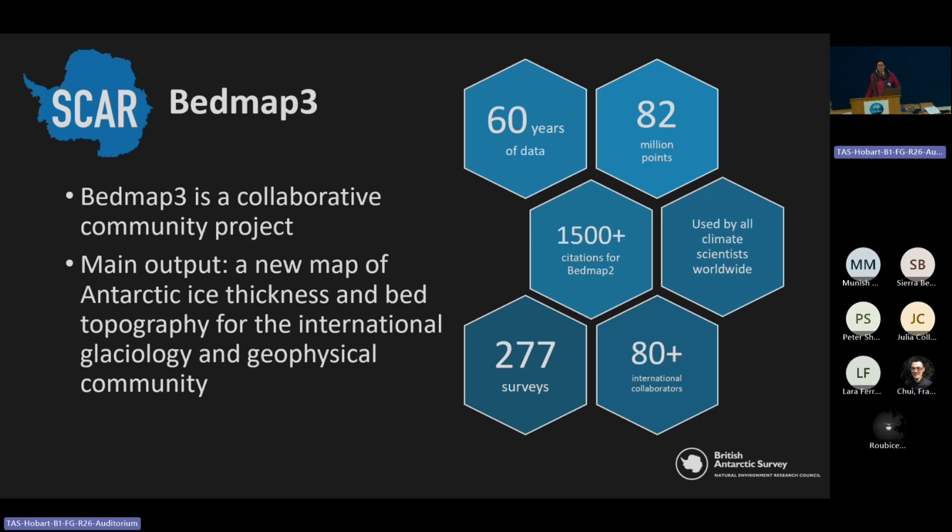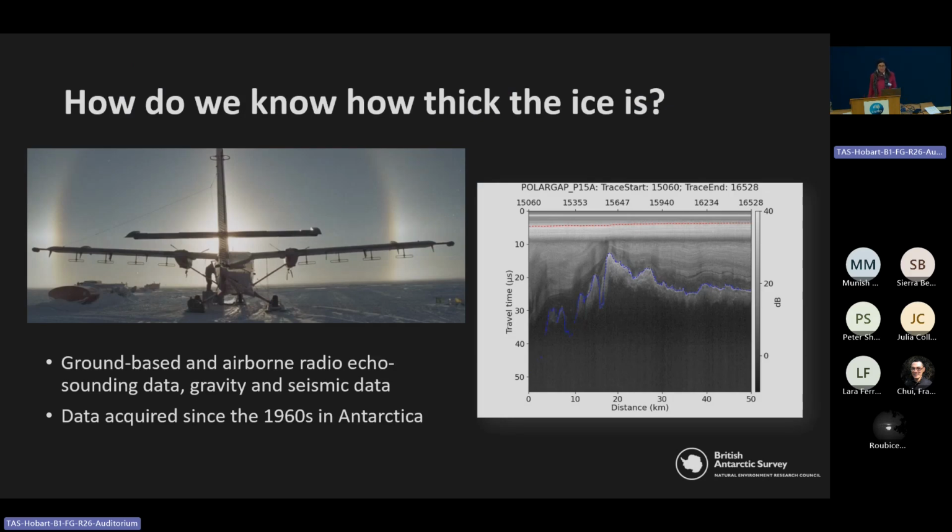It represents more than 60 years of data, 82 million points, 277 surveys, and more than 80 collaborators worldwide. The previous version, Bedmap2, already had 1,500 citations and is used worldwide by climate scientists.